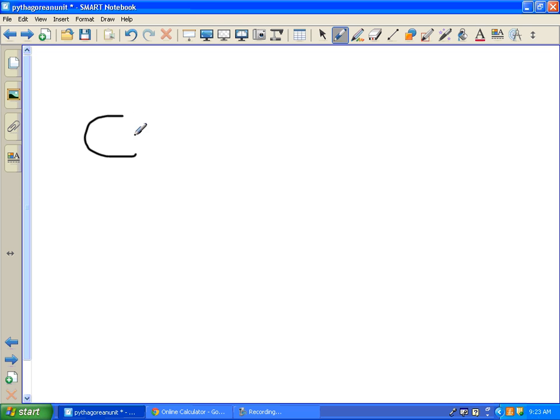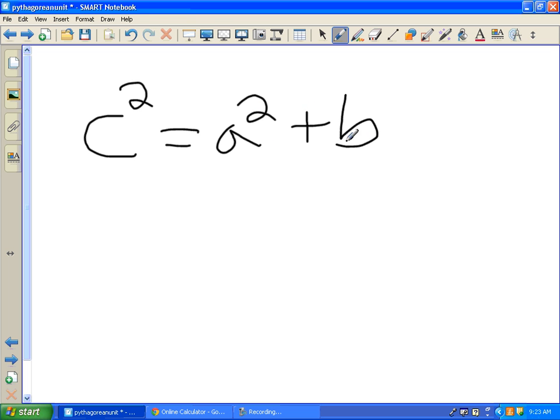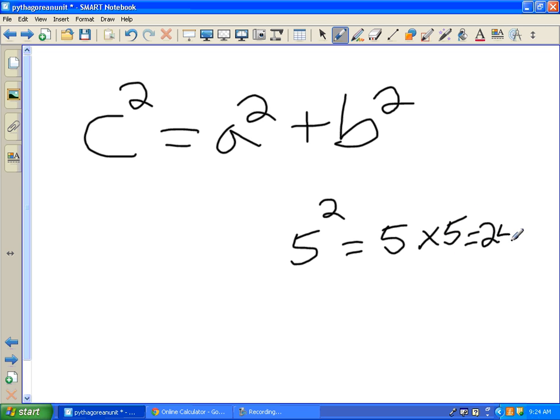He came up with c squared equals a squared plus b squared. Of course, squared just means you take a number and multiply it by itself. So let's say I put a number in for c and it's 5. If I want to find out what 5 squared is, all I have to do is 5 times 5, which is 25. That's all squared means.